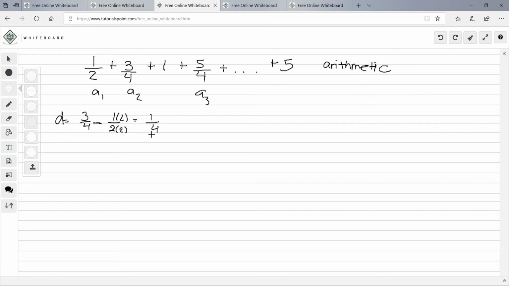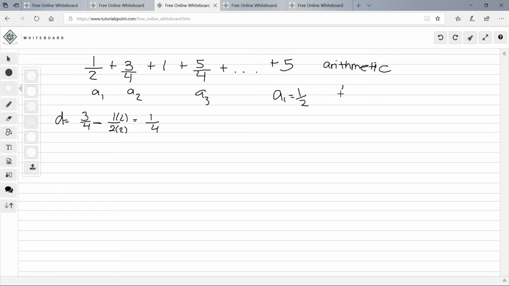Now what do we know? We know that our first term is 1/2.